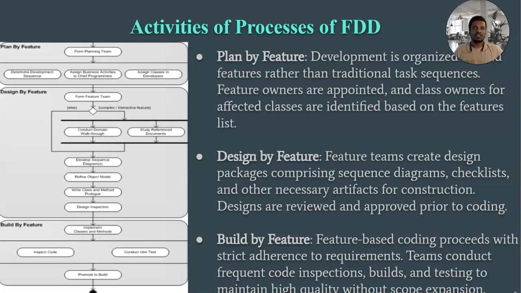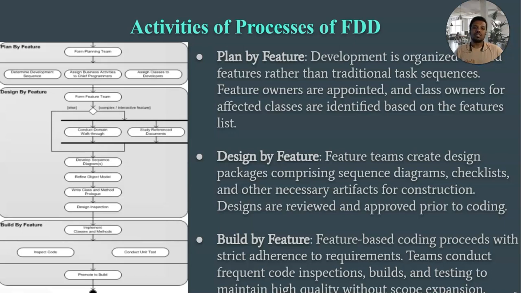Feature owners are assigned and class owners are identified for the classes impacted by each feature. Detailed sequences of steps are then planned for each feature and development class ownership is taken by the class owners. An overall plan is produced that sequences the feature delivery order and assigns owners.